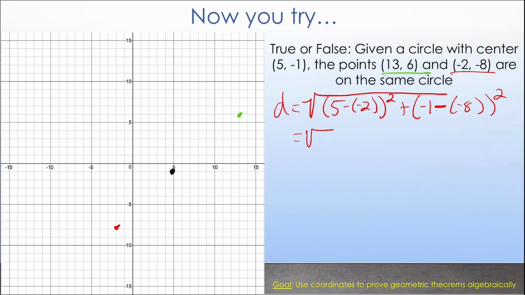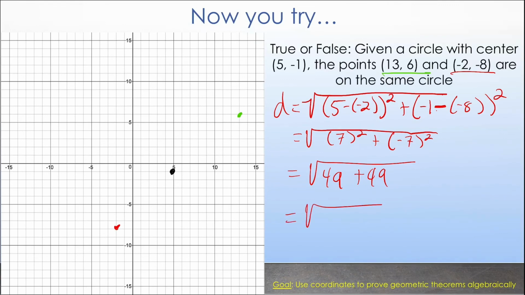Okay, so I get the square root of 5 minus negative 2 is 7 squared plus negative 1 plus 8, which would give me 7 squared, which is the square root of 49 plus 49, which equals the square root of 98.